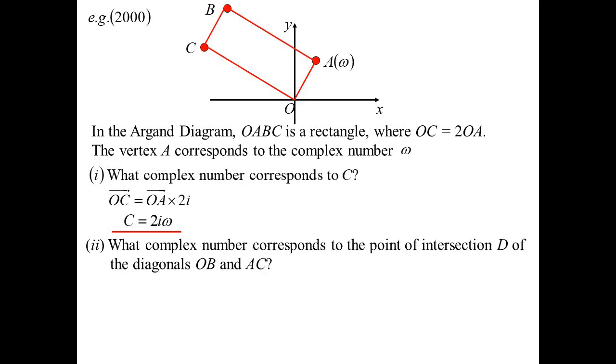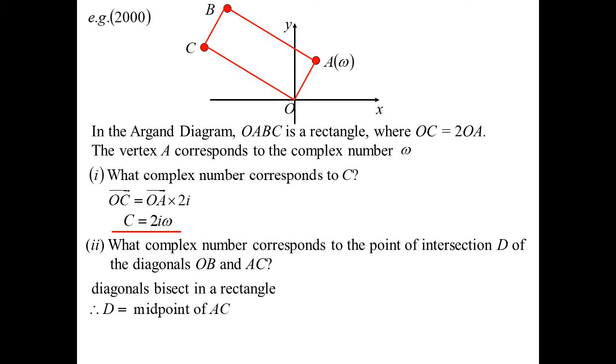What complex number corresponds to the point of intersection D? It's the intersection of OB and AC. Diagonals bisect in a rectangle. Therefore, D is the midpoint of AC. It's also the midpoint of OB, but I'm not going to use that because I don't know what B is yet.